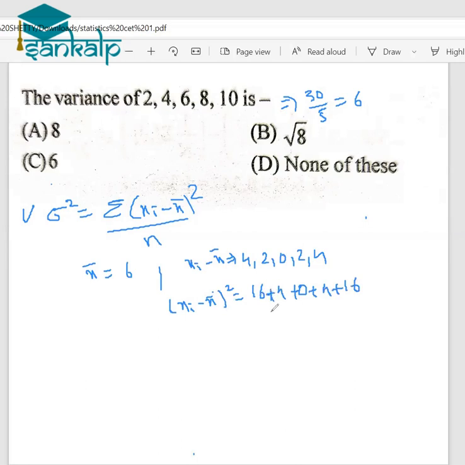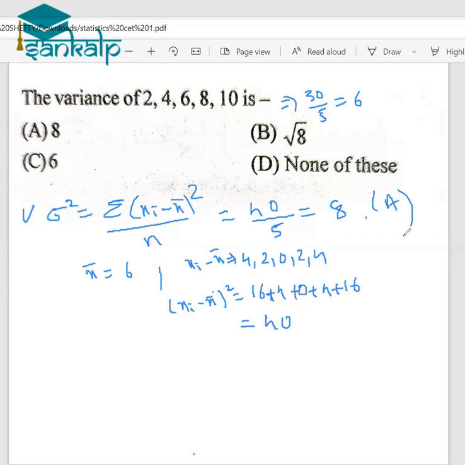Adding all these, we get 40. On substituting in the formula, 40 divided by the number of scores, 5. 40 upon 5 is equal to 8. So option A is the right option.